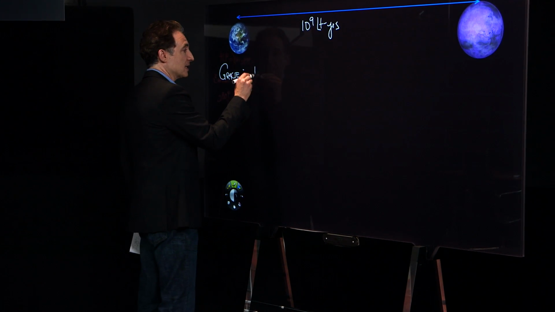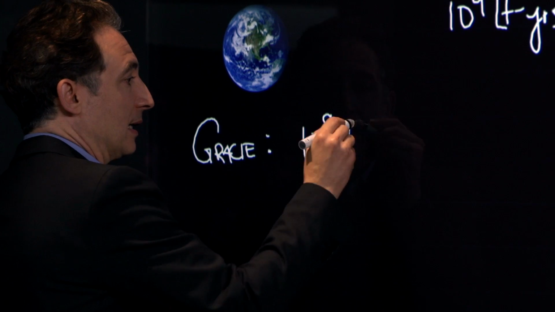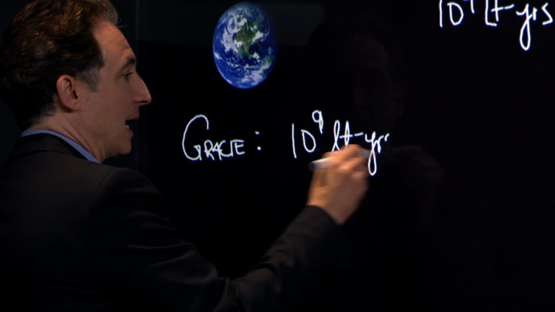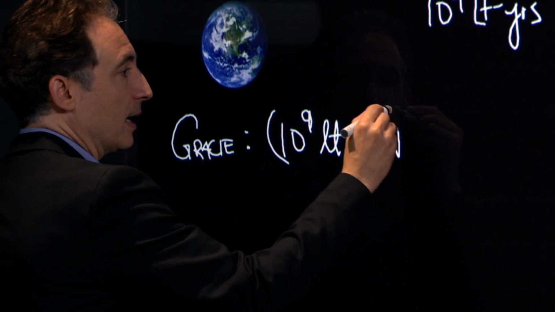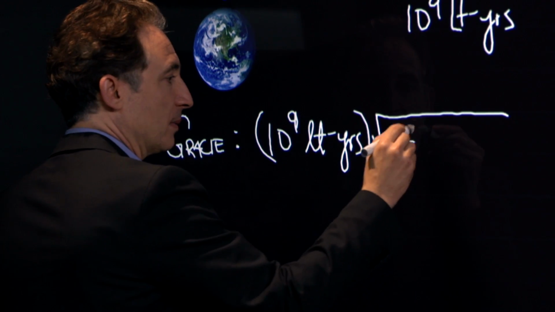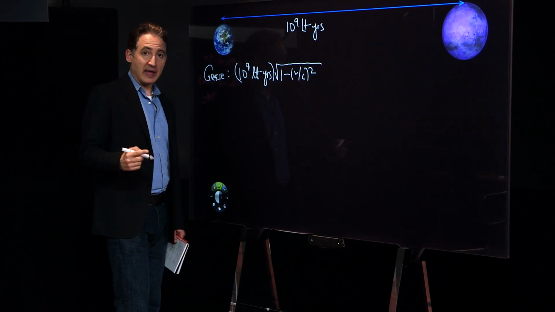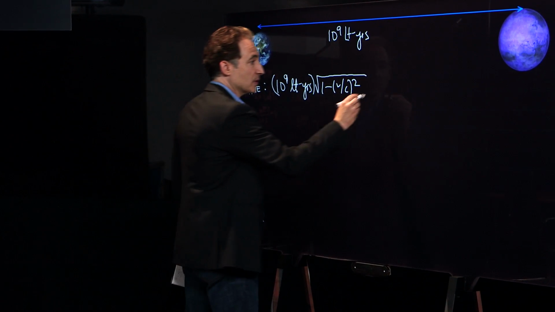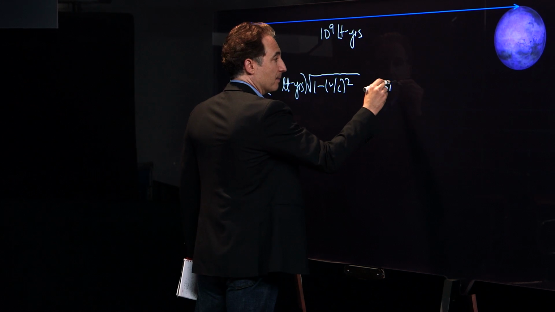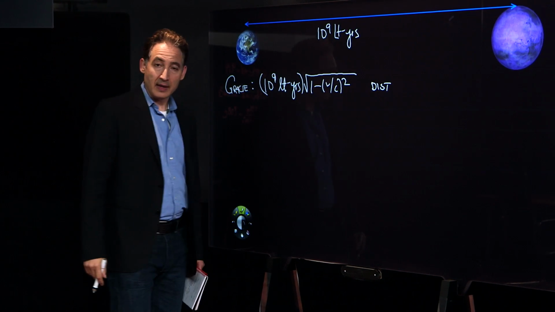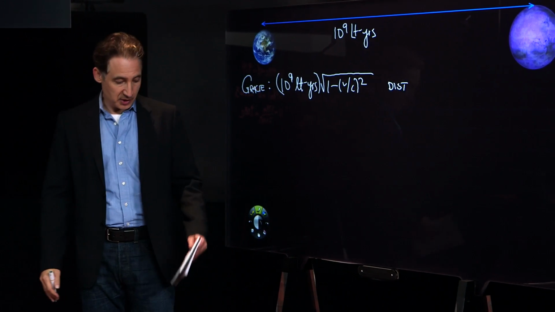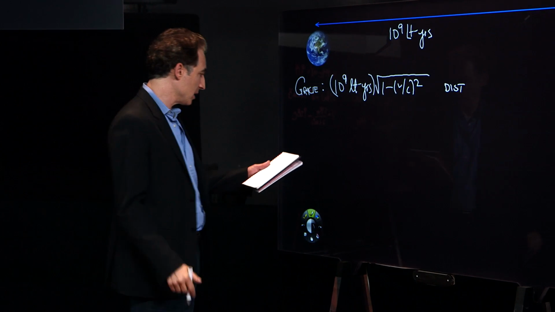So she will say the distance is 10 to the 9 light years, but now she's going to multiply that by the contraction formula, the square root of 1 minus v over c squared. So that, from her view, is equal to the distance between Earth and Zaxtar that needs to be negotiated. And she wants to negotiate that in 1 year.